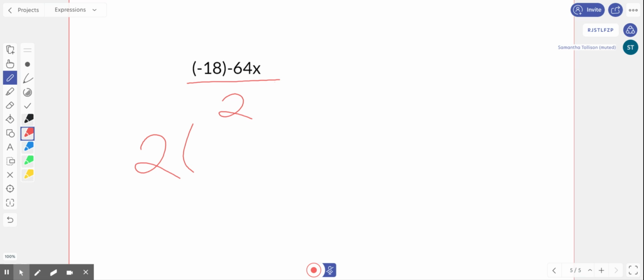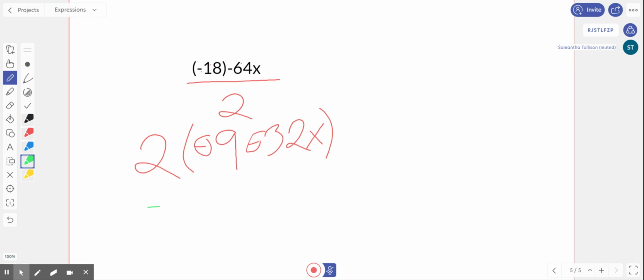Now, negative 18 divided by 2 gives me a negative 9. And a negative 64 divided by 2 gives me a negative 32x. Now, I look at this again and I think, hang on a second, both these are negative. Let's get rid of both these negatives and turn this into a positive.